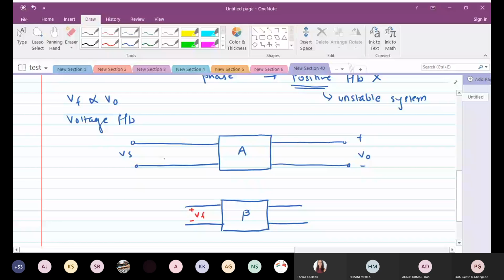I can connect it directly like this. So here it is again plus minus. I can connect it like this, directly here.